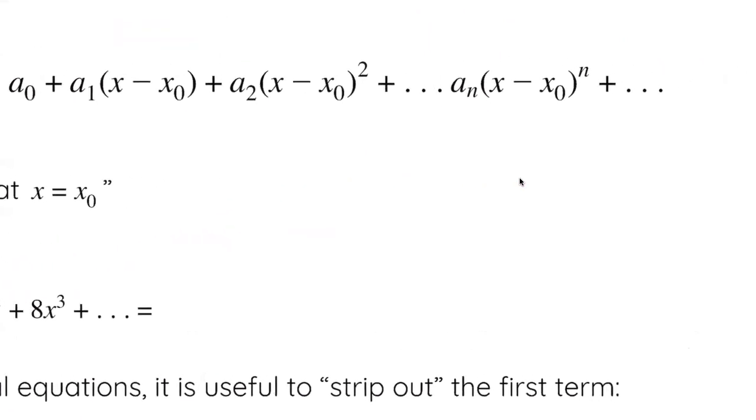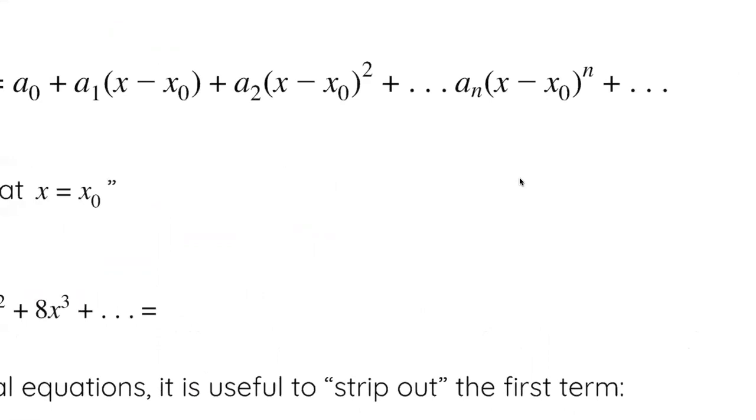So maybe we start over here, okay? We have a first term. So a sub 0 is a number for us right now, okay? Then we have a sub 1 times (x minus x sub 0). And we might notice here that the power is actually a 1.